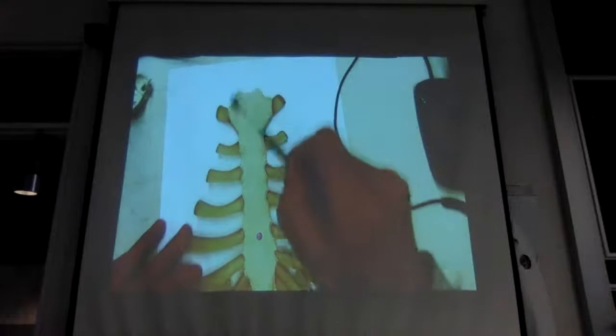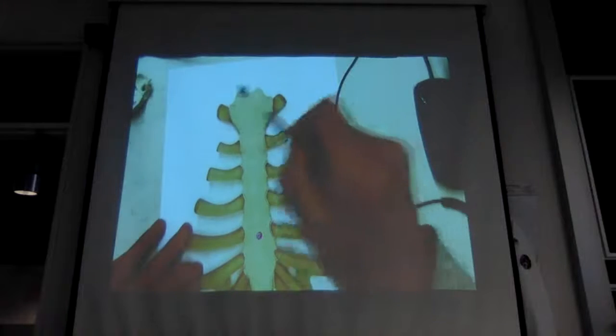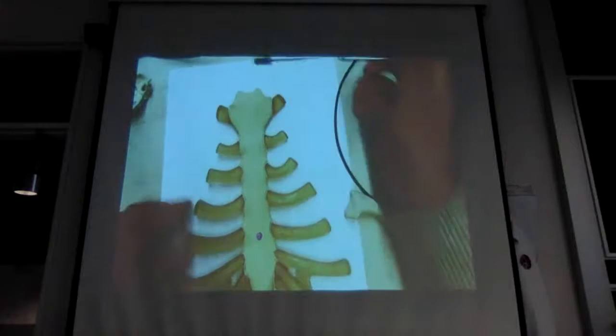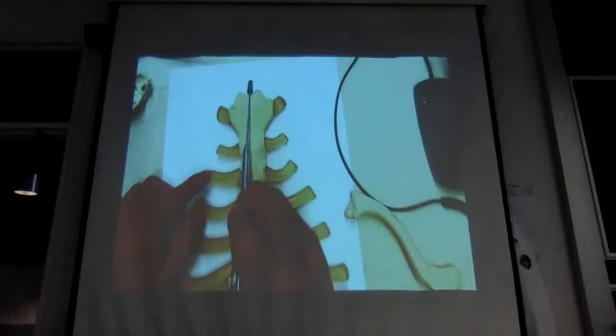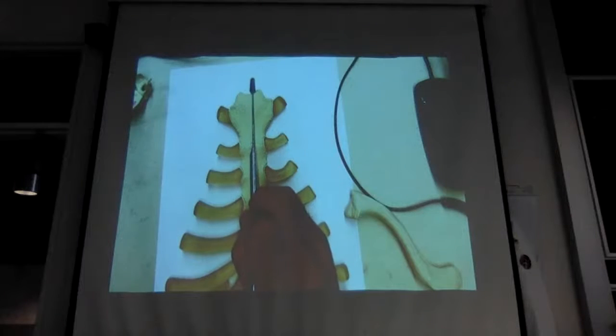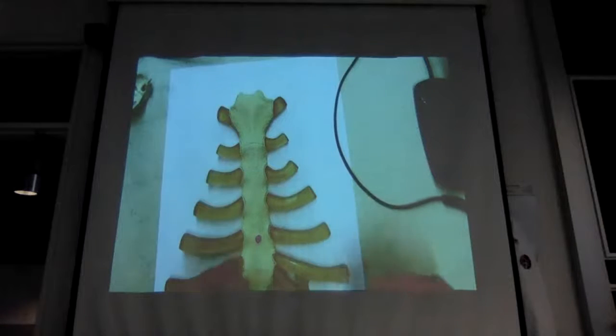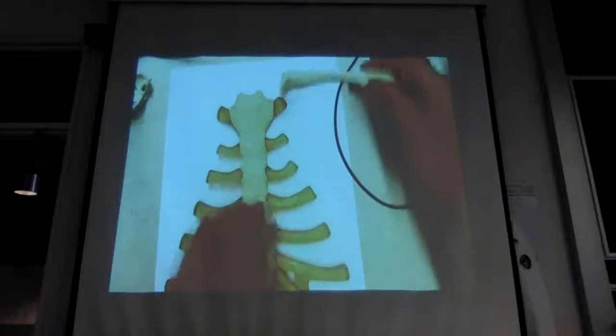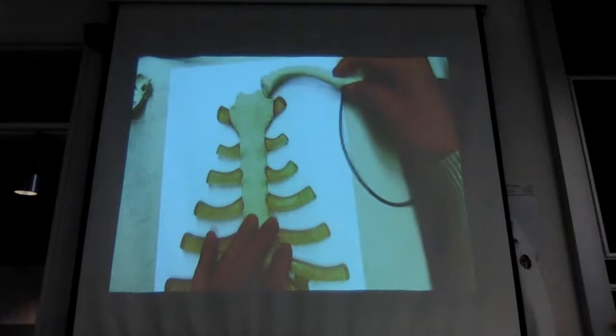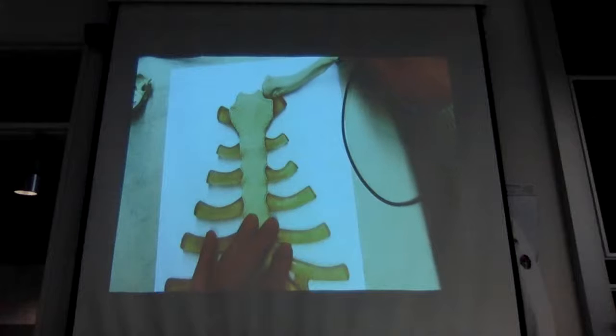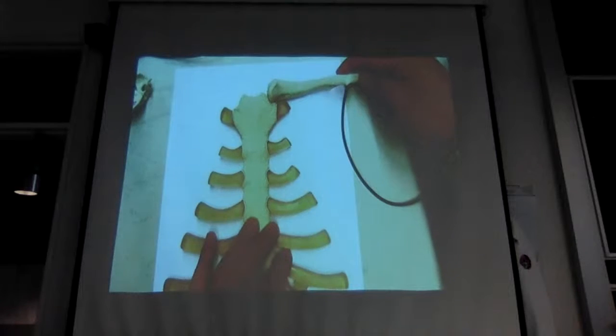This whole piece. This is the manubrium. This is the jugular notch. These are the clavicular notches. The clavicle fits in right here. I know it doesn't look like it does very well, but it does. See, this is the clavicular notch.